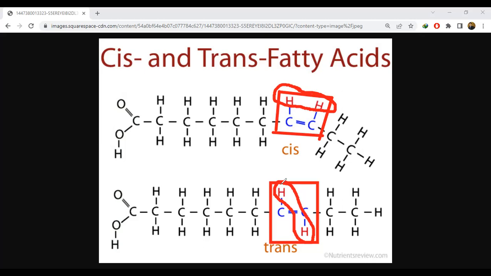So what are the harmful ones among the fats for the heart? Saturated fats are harmful. Second, trans unsaturated fats are harmful. So the only harmless fat is cis unsaturated fat. Clear?